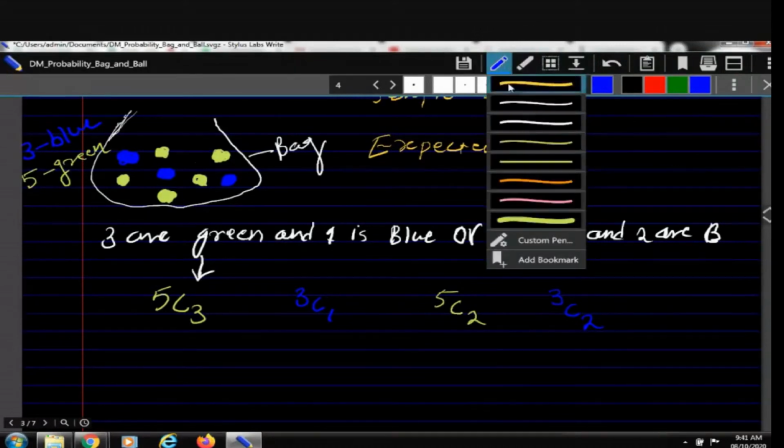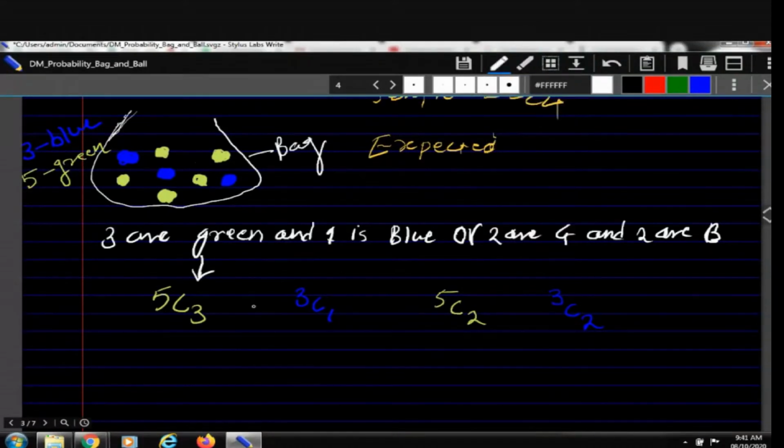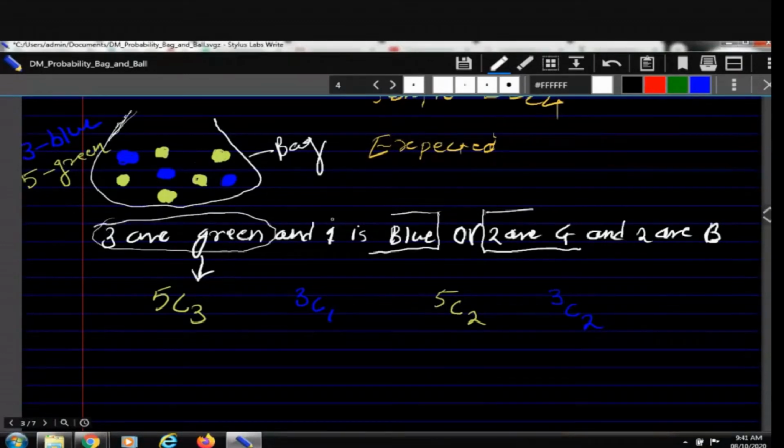Now what is important is which sign you will give in between, either multiplication or addition. So divide this statement at this point. This is one complete and this is one complete. Three are green and one is blue: between green and blue, the sign is multiplication.